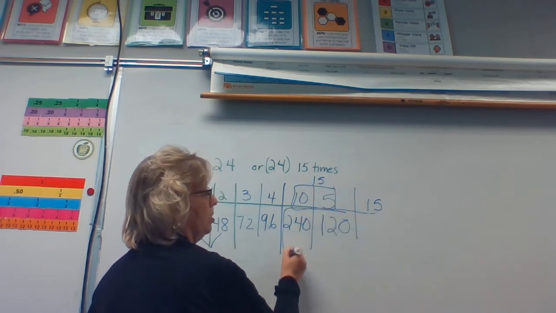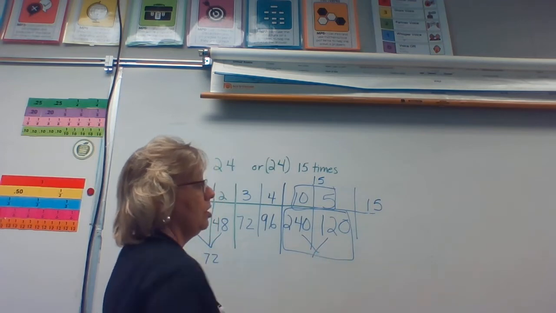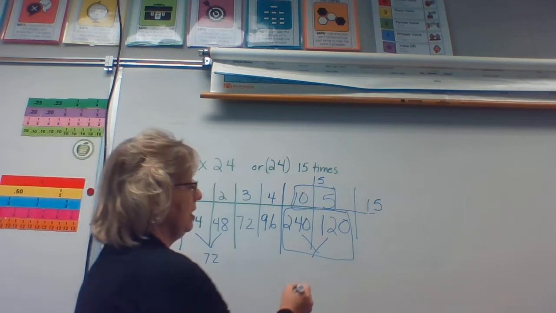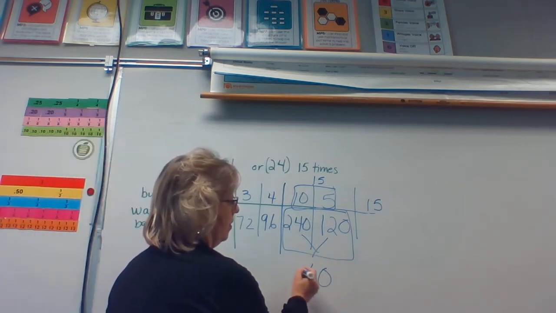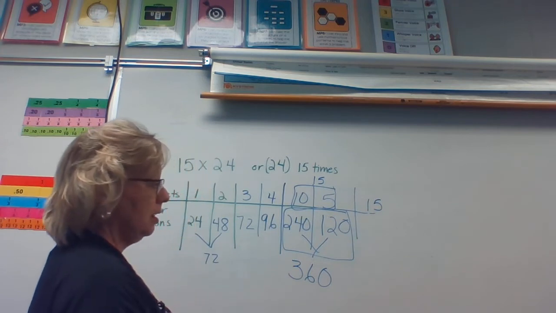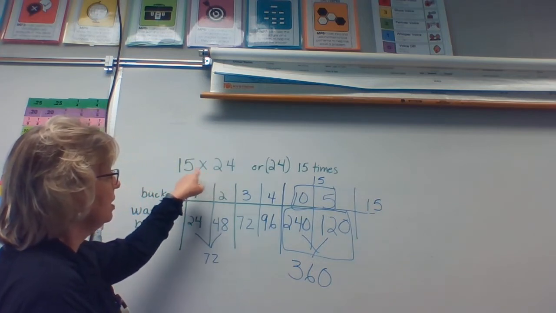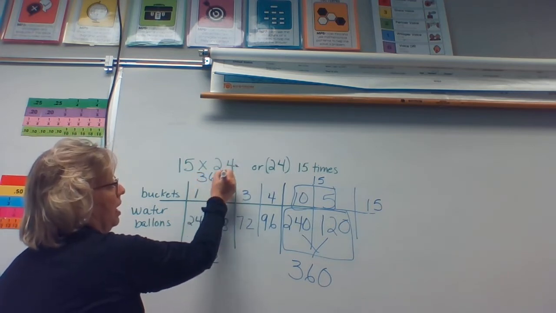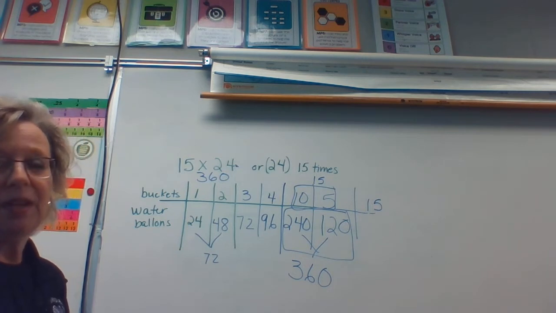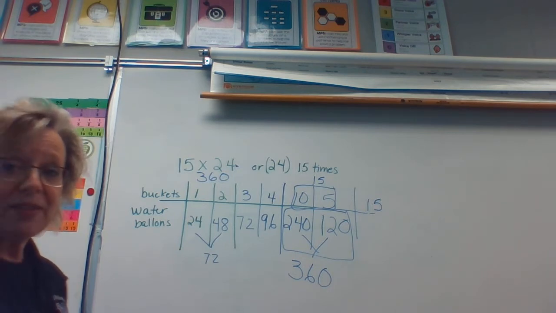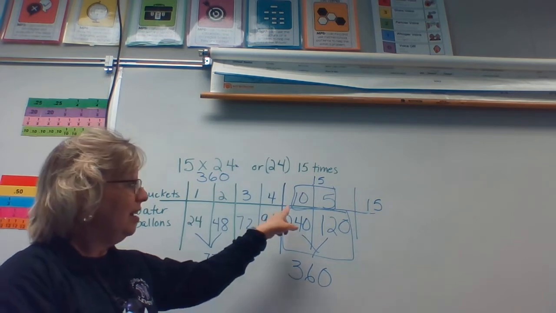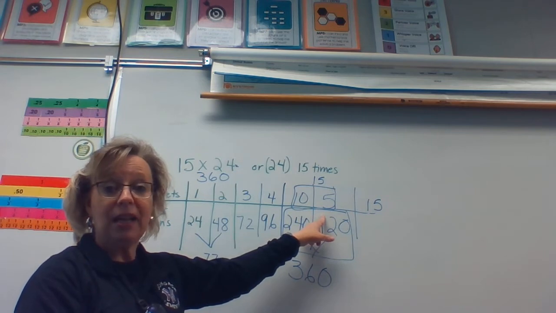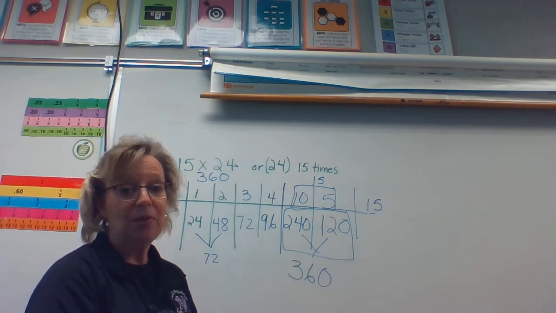Which means if I add these two numbers together, I'm going to have the total of what 24 times 15 is, and that is going to be 360. So 24 times 15 would mean we would need to have 360 water balloons. So I multiplied a 2 by 2 digit, but I've used a strategy of multiplying times 10 and a strategy of half of 10 is 5 to come up with our answer.